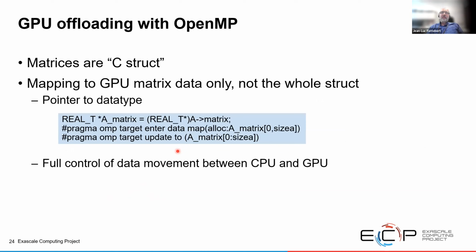And what we do is we don't offload the whole struct, but we offload just the pointers to the data. And this is 3 lines of code that show you briefly what we do, basically allocating the data on the GPU and copying data from the CPU to GPU. So we have full control of the data movement between CPU and GPU.